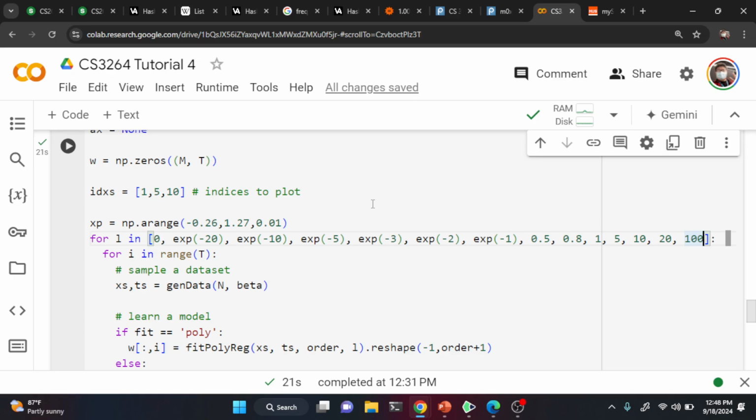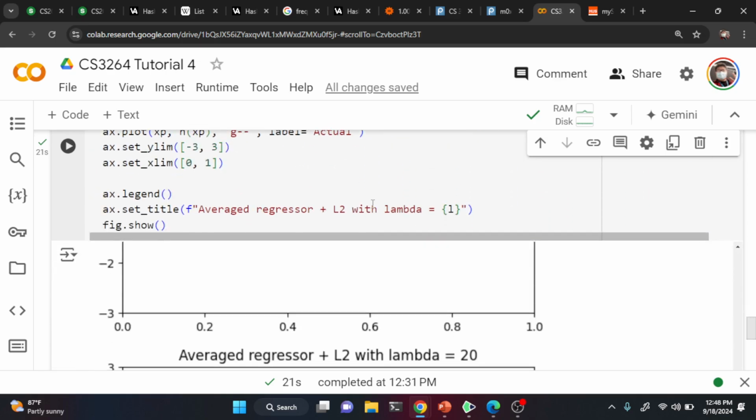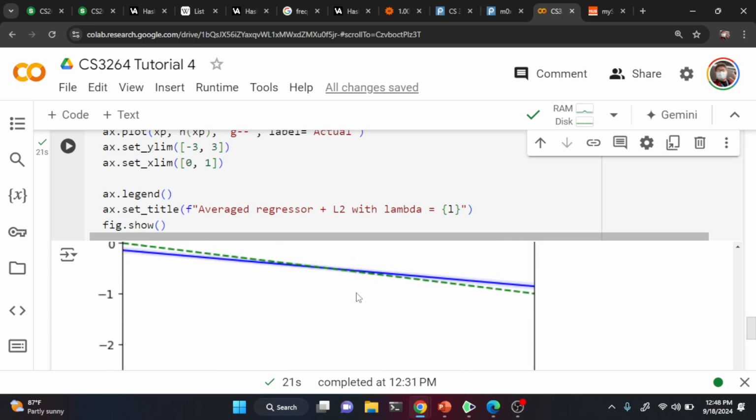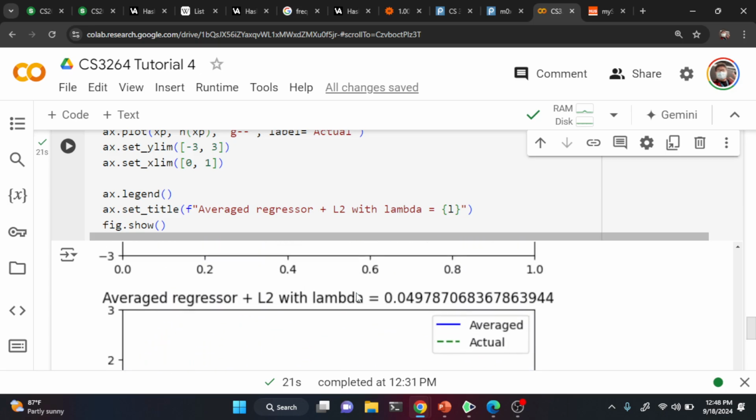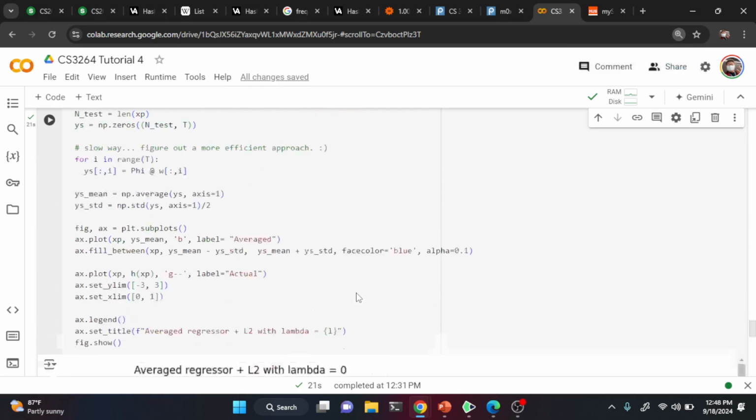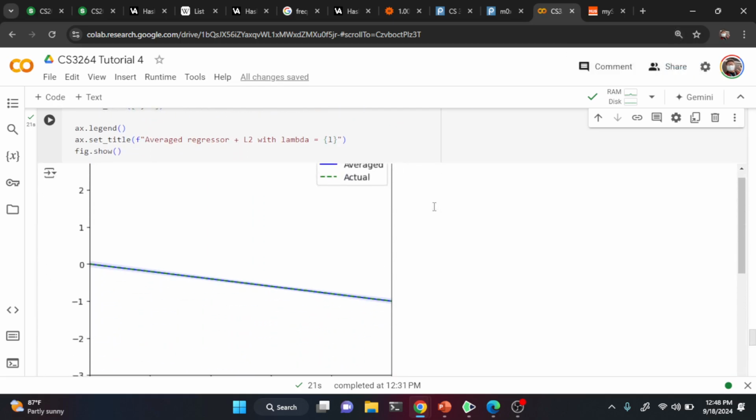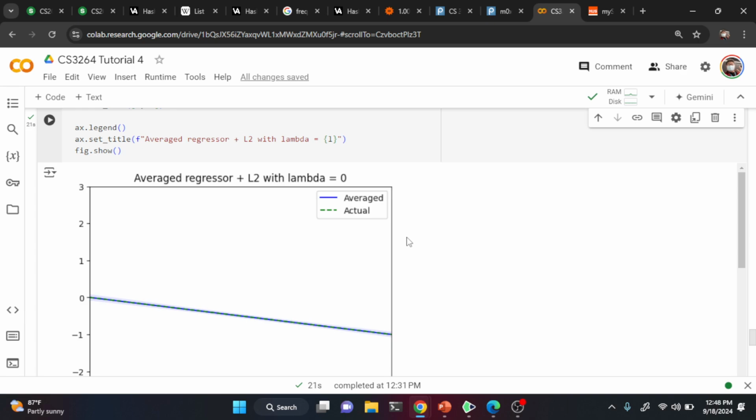So let me try to run this, and let me show you all the values that we have found. I think for now I'll just zoom out. When lambda is 0, this is exactly the same case as we have seen just now. The moment that lambda is 0, there's no regularization, thus this is an unbiased estimate. Because your data itself follows a linear form, and your model is also linear regression, you can predict perfectly.